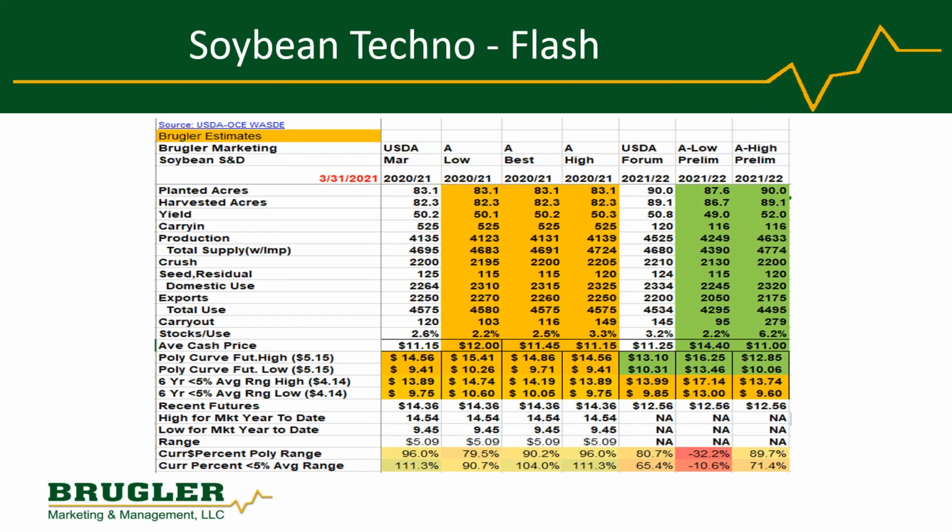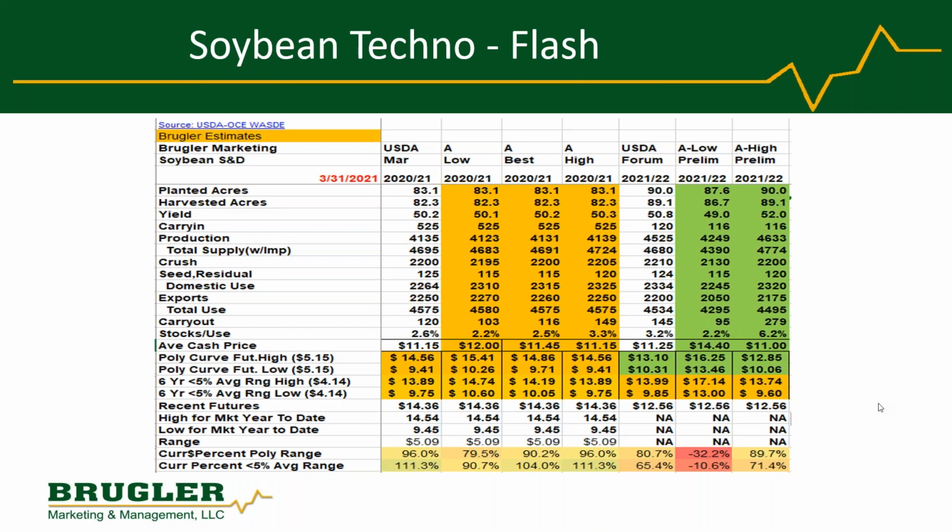And what you see here is that does give us about a $1 wider range than an average tight stocks year, and would suggest that old crop beans could get up into the 14.80s in a typical year with this tightness of stocks. Obviously, if it goes to 100 million, then that range will expand some more, and the cash price with it.